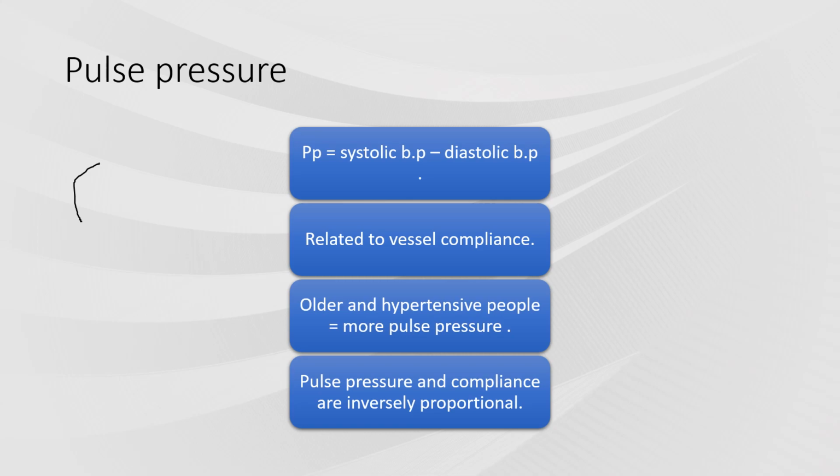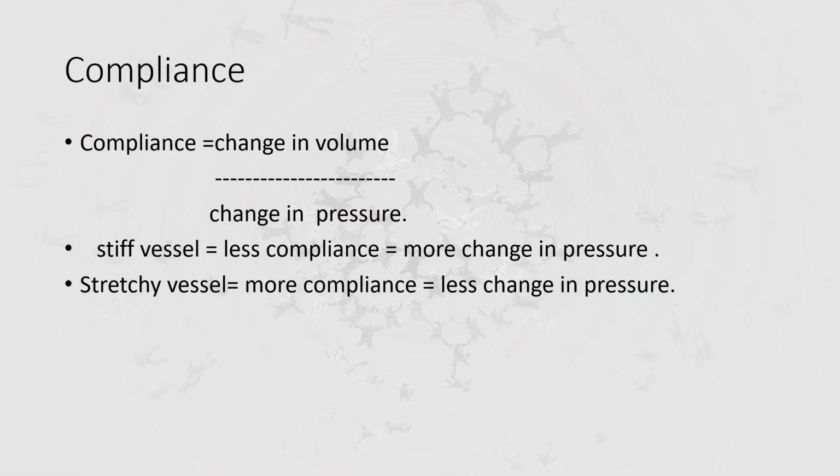Let us discuss what compliance is. Compliance can be calculated by the equation: compliance is equal to change in volume divided by change in pressure. As you can see in this equation, the change in pressure is inversely proportional to the compliance.